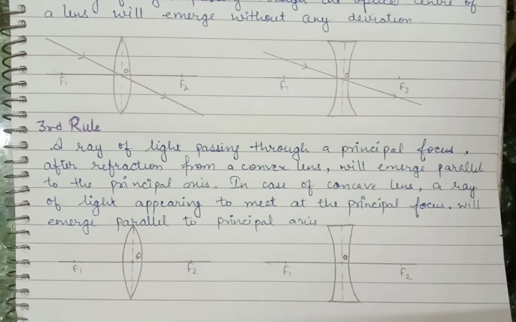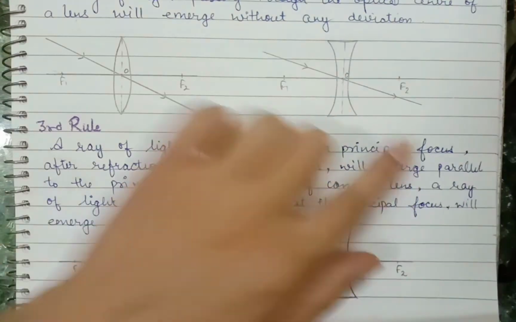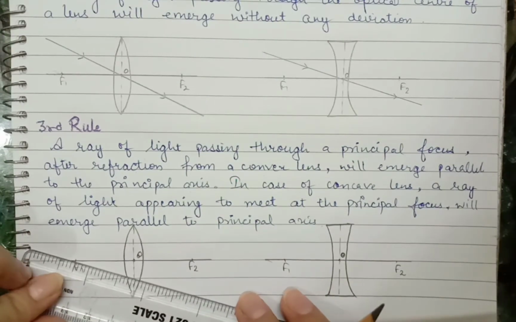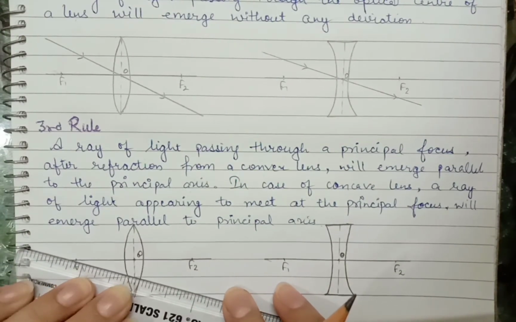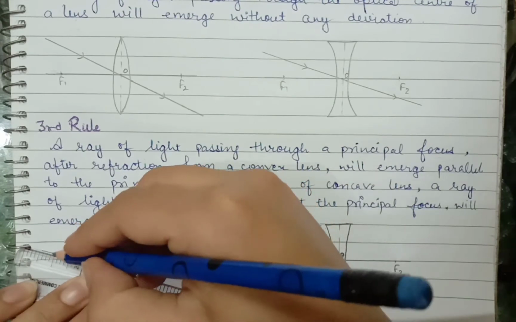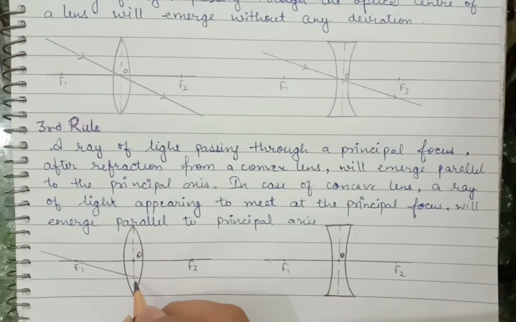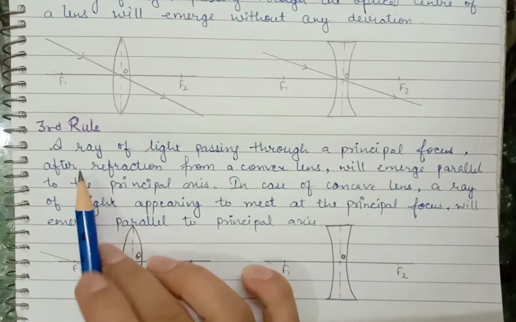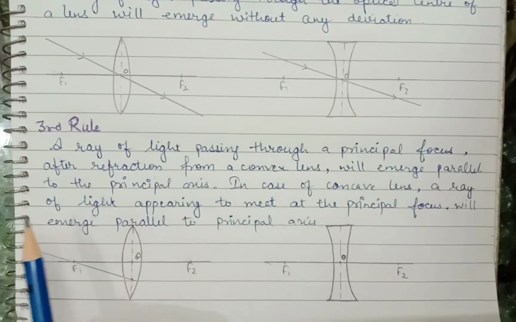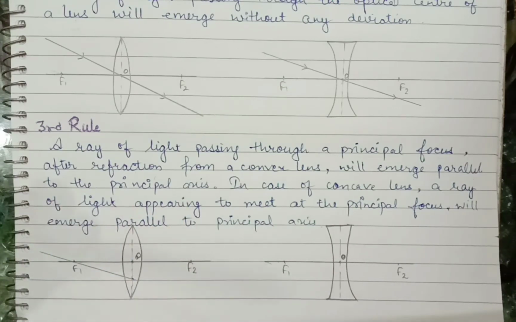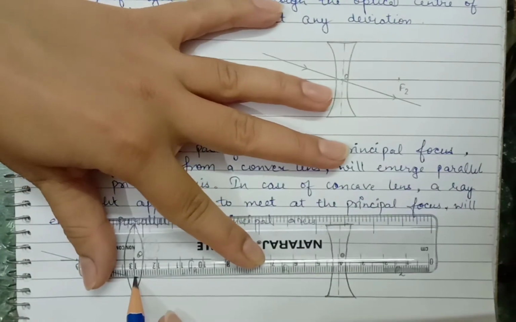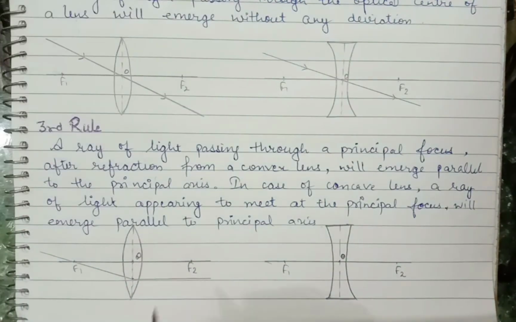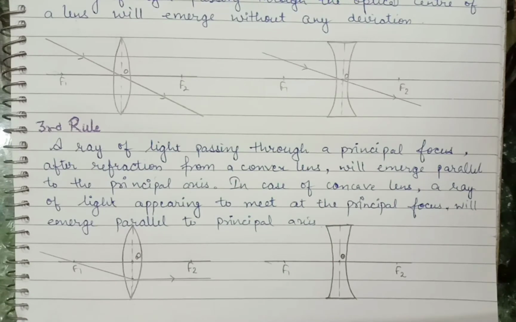Then we will draw a ray of light which is passing through the principal focus, in this way up to the middle of the lens. From here, after refraction, it will emerge parallel to the principal axis. So this will become parallel to the principal axis after refraction through the convex lens.